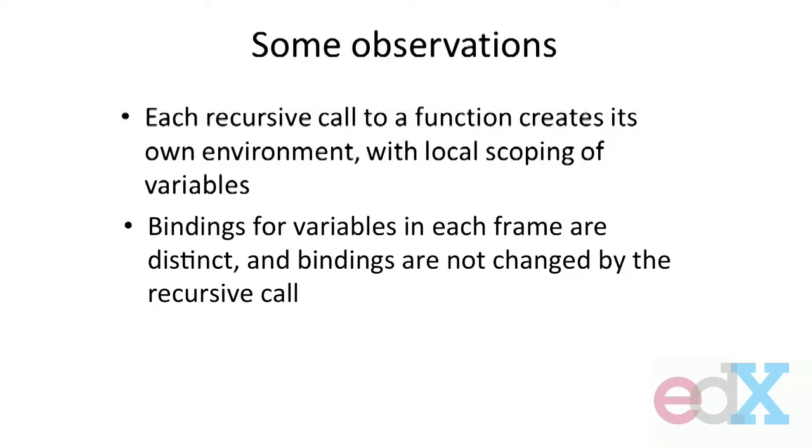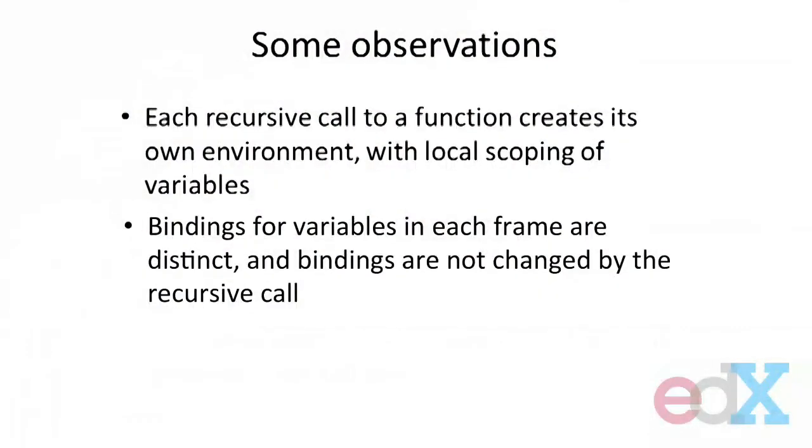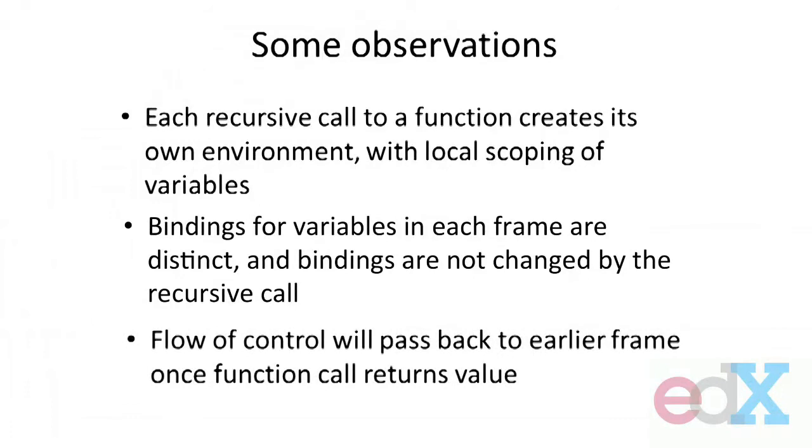And those bindings are not changed when we're doing the recursive call. They are set up as we make the call. That is, I'm going to compute a new value of b, making it in this case b minus 1 in order to bind it in the frame. But I'm not changing bindings in other frames when I'm within one frame. I don't have access to them. And finally, we can see that the flow of control can naturally pass back to an earlier frame once the function call returns its value.